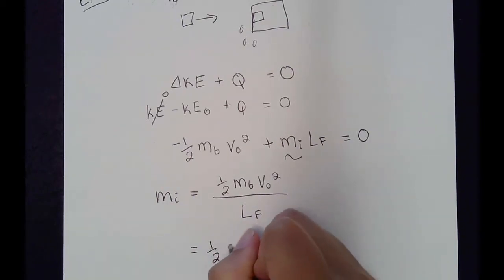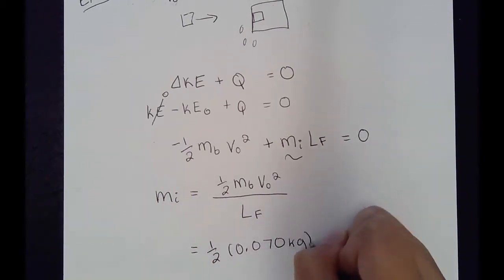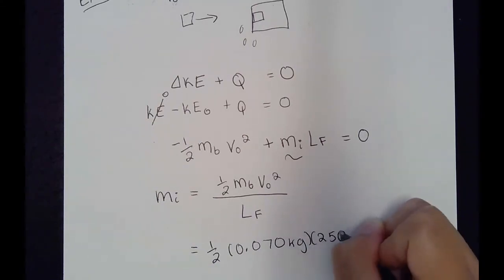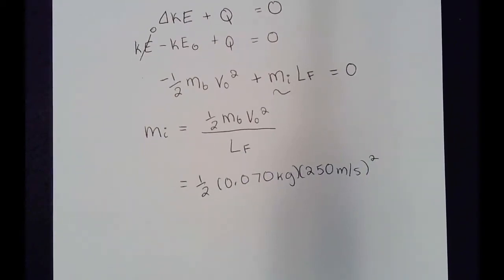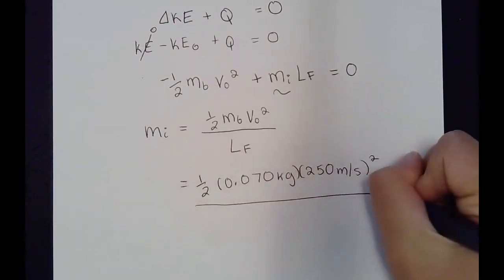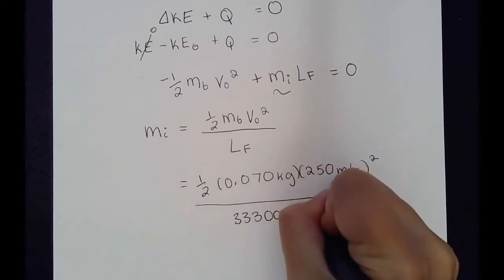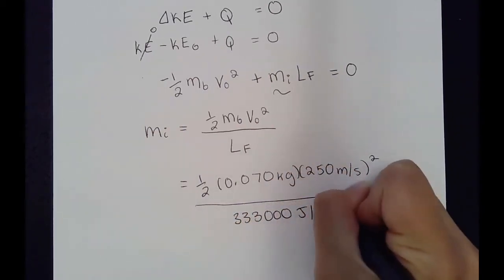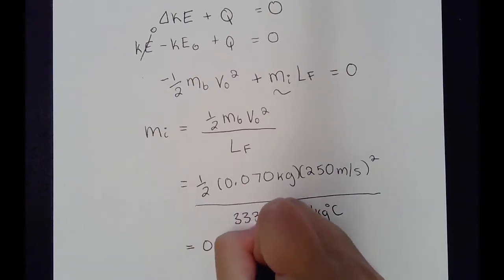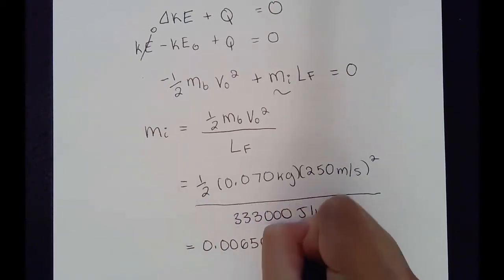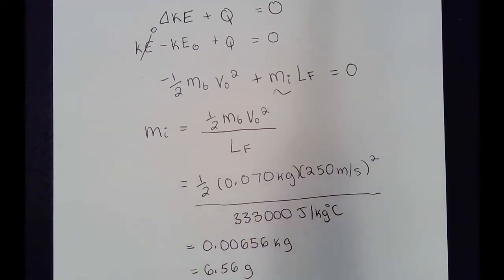So this is 1/2, 0.070 kilograms for the bullet, times 250 meters per second squared, all over 333,000 joules per kilogram degrees Celsius. And we get 0.00656 kilograms, or 6.56 grams.